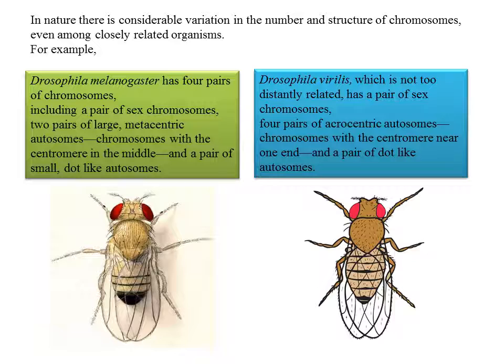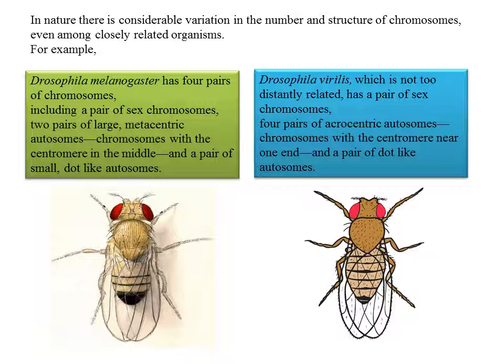In Drosophila melanogaster, two pairs of large metacentric autosomes are present, where the centromere is present in the exact middle of the chromosomes.